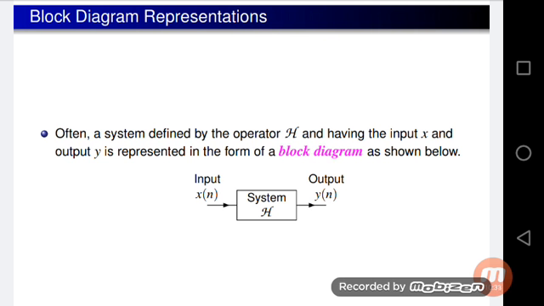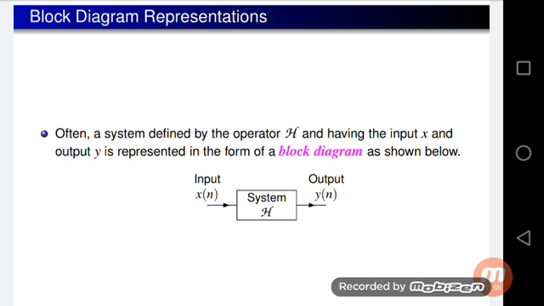And next one is block diagram representation of discrete time system. A discrete time system is expressed by the function h of x. The system function is h, and on the input side we are applying x input, and on the output side we are getting y output.